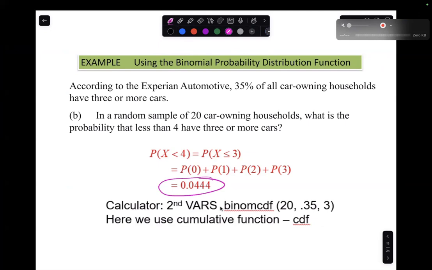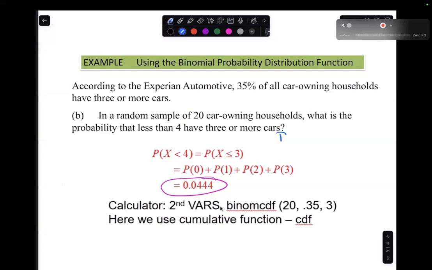The way that I remember it, because I always need some mnemonic device: PDF, I think of this as precise. That's not what it stands for, but that's how I remember it. And then CDF is cumulative, which is really what it stands for. Precise is for exact.